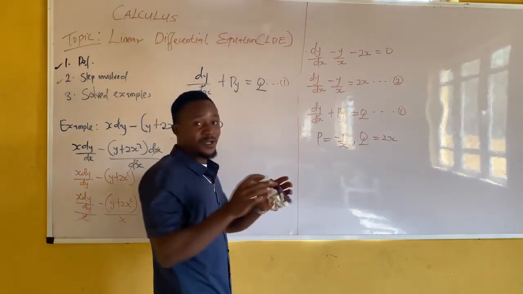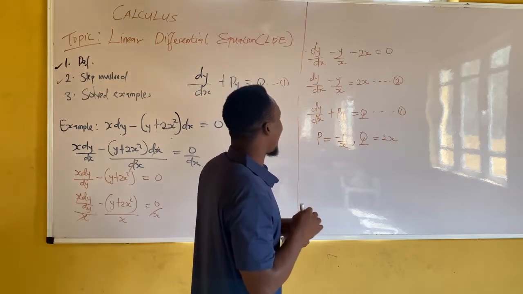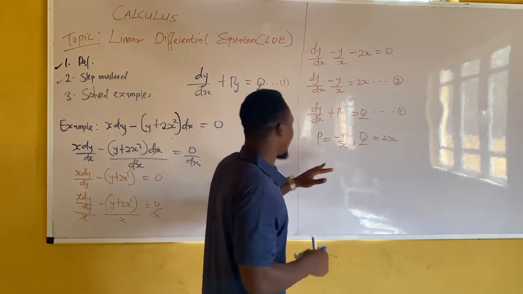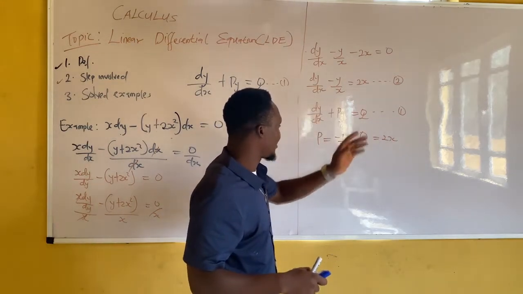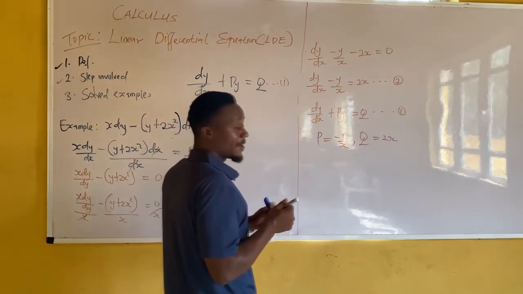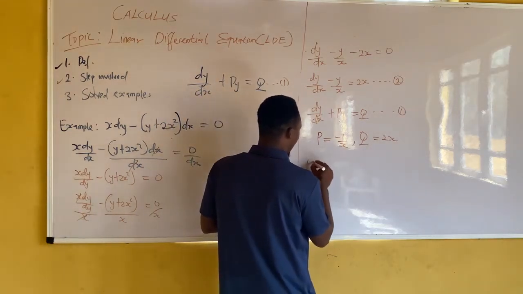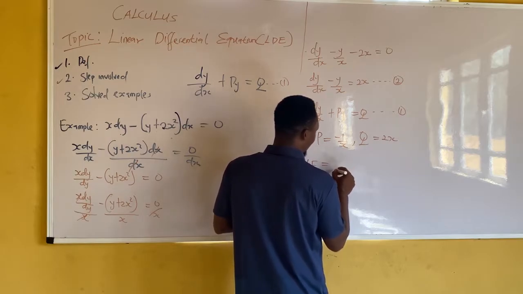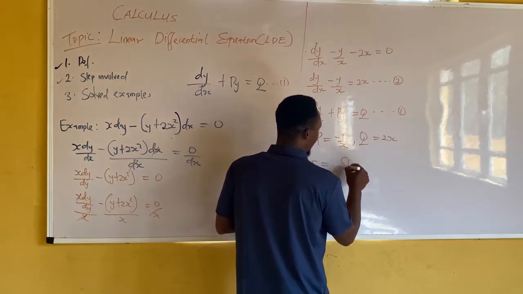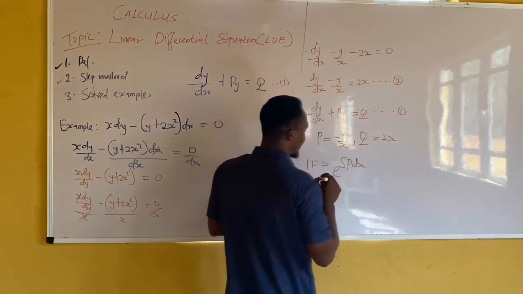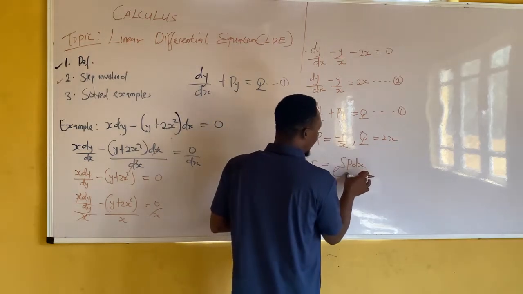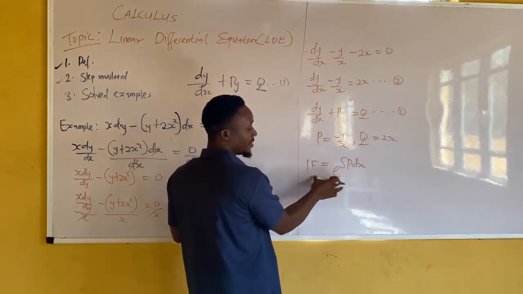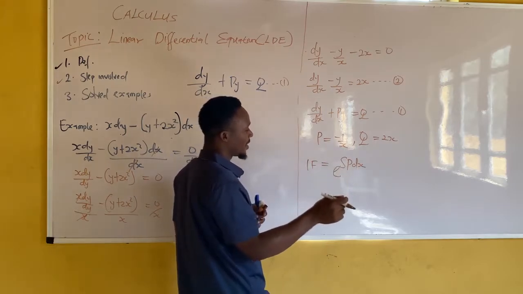Now, we are done with our first step. Our second step is to now find our integrating factor. And our integrating factor is given by the formula IF is equal to exponential integral of p dx. So we are going to get the integral value of p, and then we substitute in this integrating factor formula to resolve the final answer.